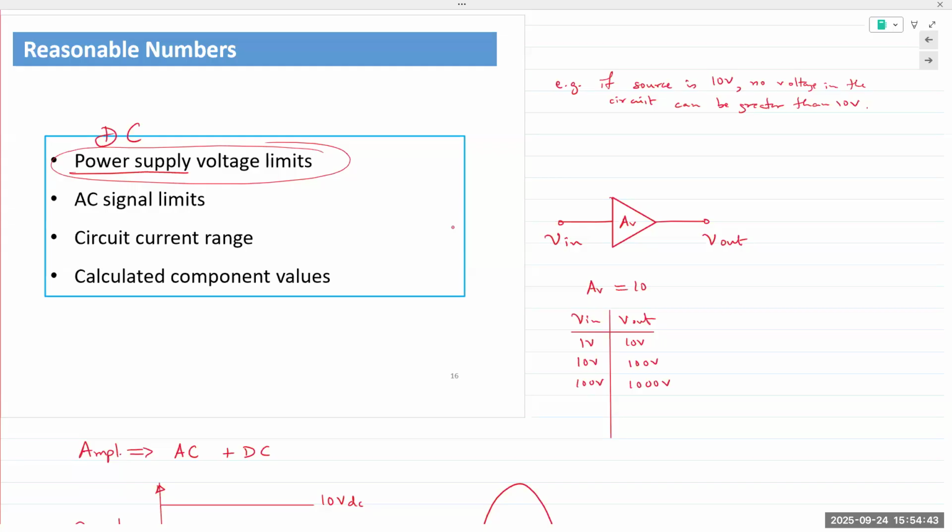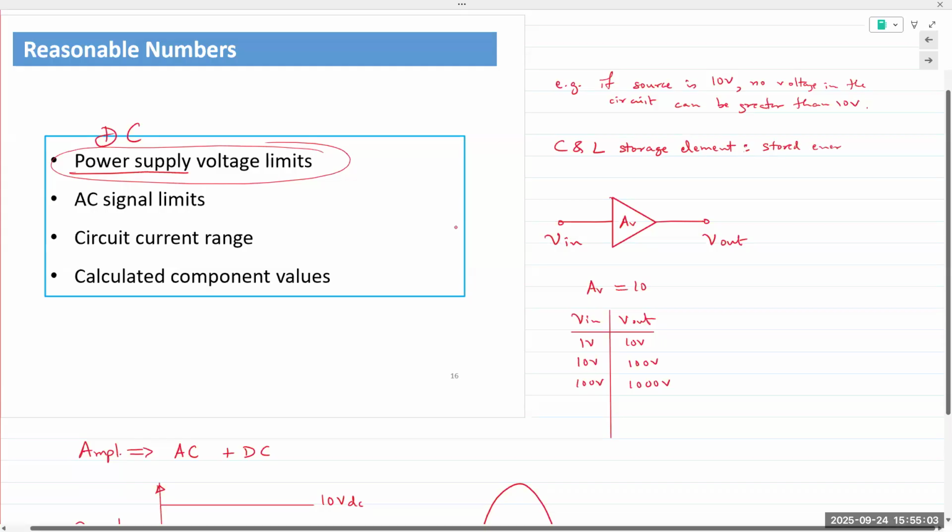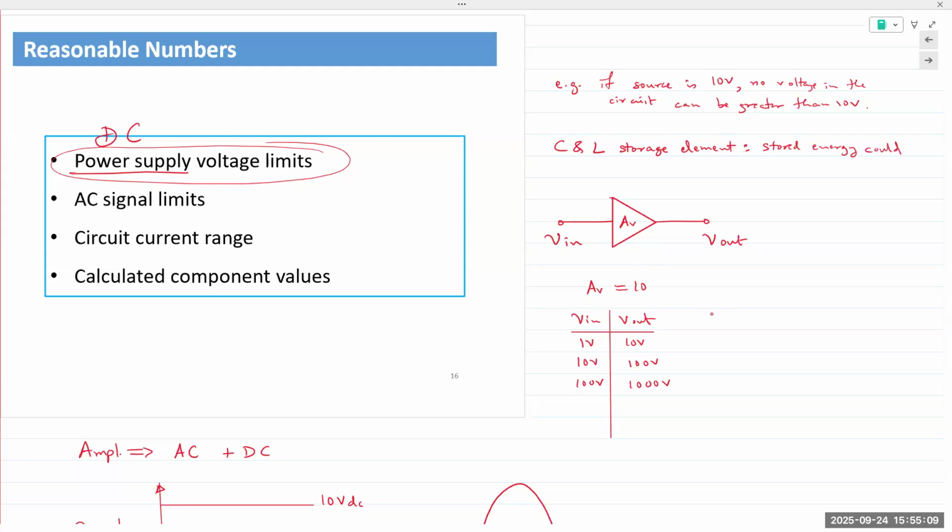Again, if you have a storage element in your circuit, the stored energy in this element could combine with the source and produce larger values.